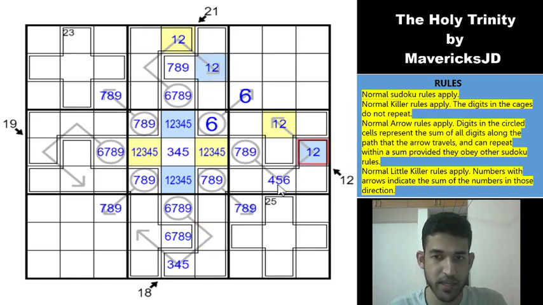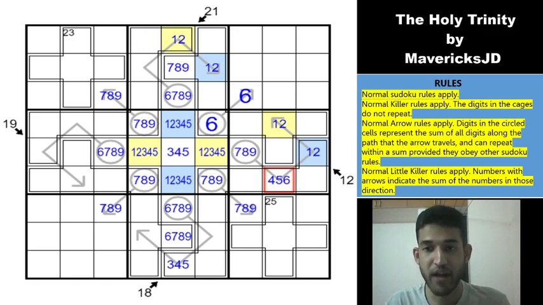So both of these cells cannot be small at the same time, right? So if this is a 1, this becomes 1 and this would be 2 at least, and if this is a 2, this would be 2 and this would be a 1. So the minimum total I get from these two cells would be 3, and the minimum in this cell would be 3, so we get 6. The minimum here would be 7, so we get 13, and the minimum here would be 4, so we get 17.